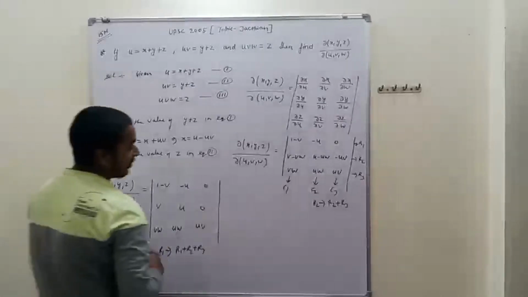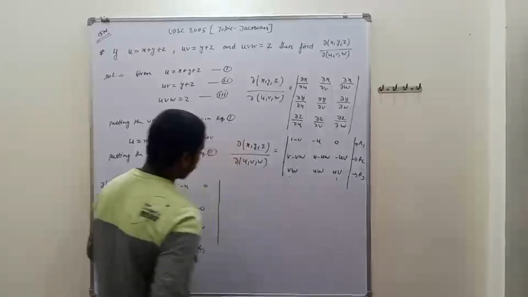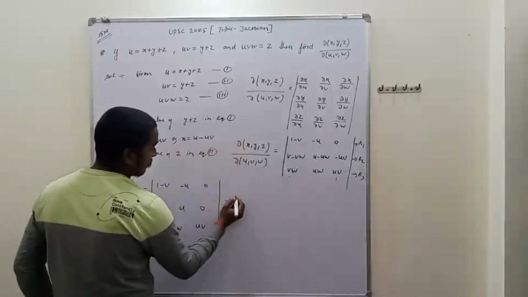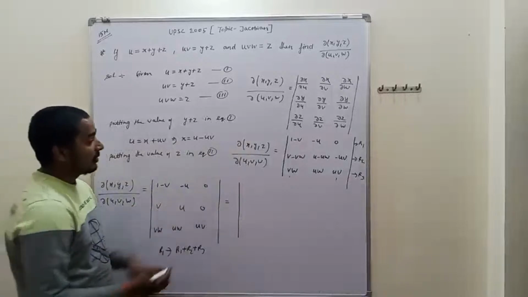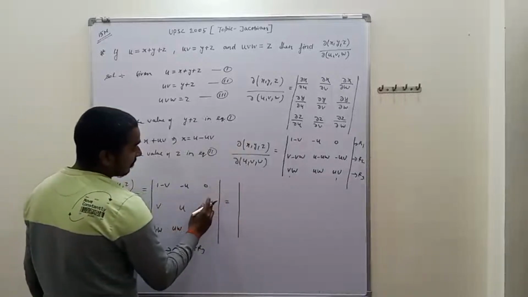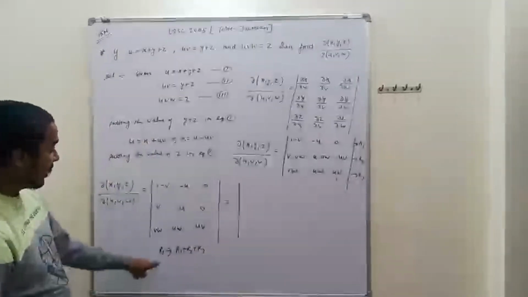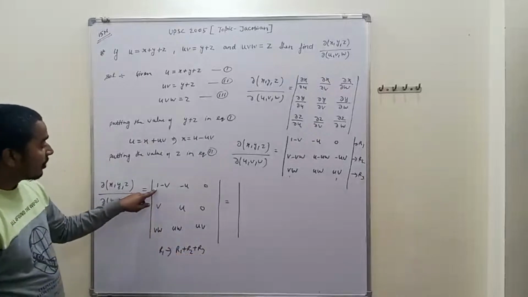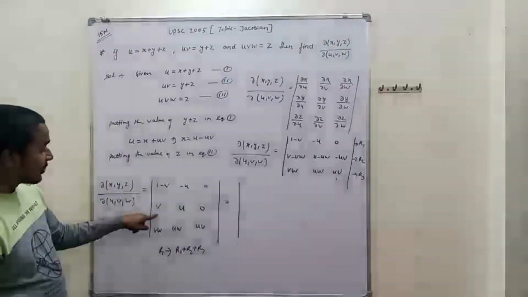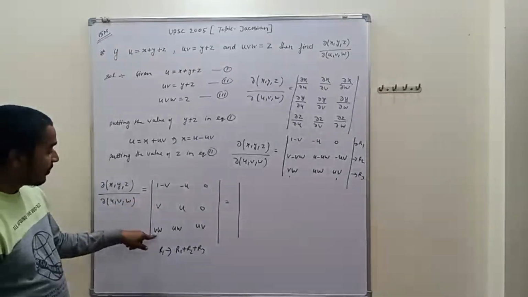Then the determinant becomes, this is R1, R2 and R3. We have to replace R1 with R1 plus R2 plus R3, that is 1 minus V plus V, that is 1, and minus U W.